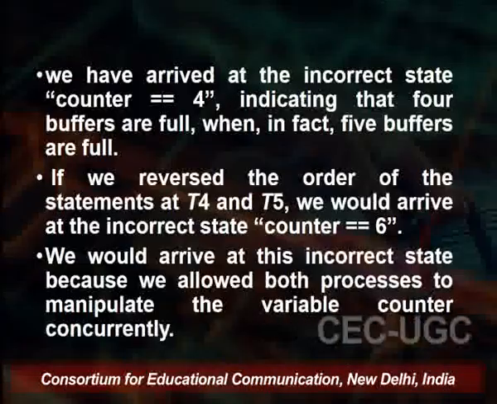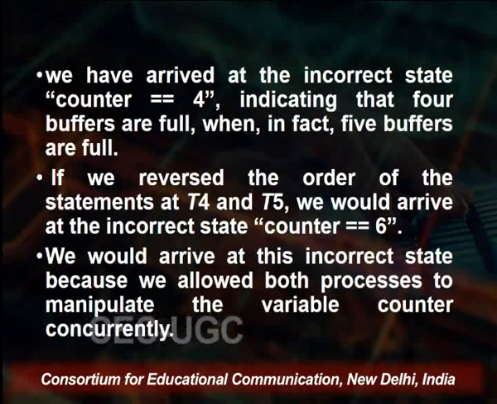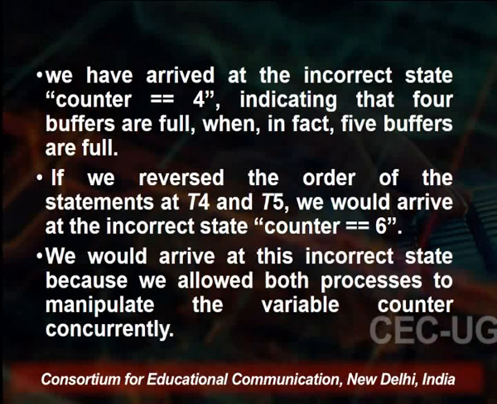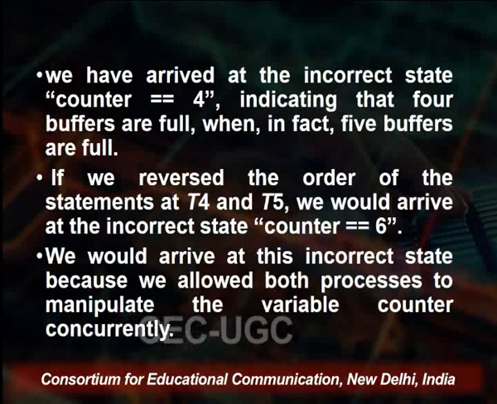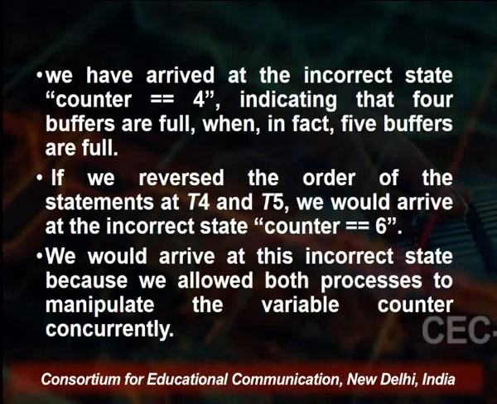So we are indicating that there are 4 buffers which are filled, whereas actually there are 5 buffers which are filled. Now if we reverse T4 and T5, then we are getting the value of count as 6. So both the states are incorrect. As we just said, both the states are incorrect.